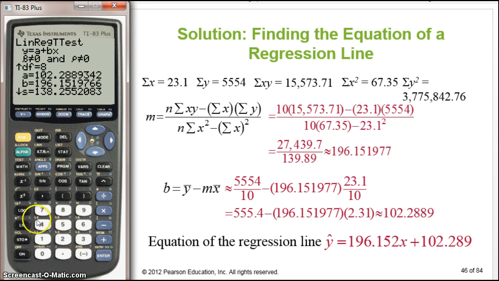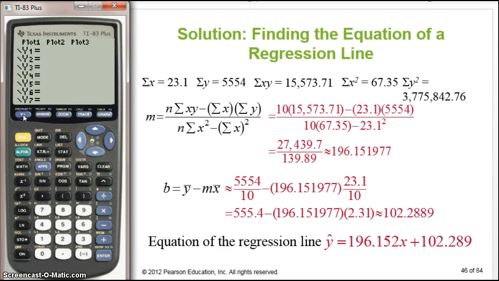I'm going to go into y equals up here at the top left, and I'm going to type that equation into y1. I'm going to say 102.289, only because that was the way it was typed into the calculator.